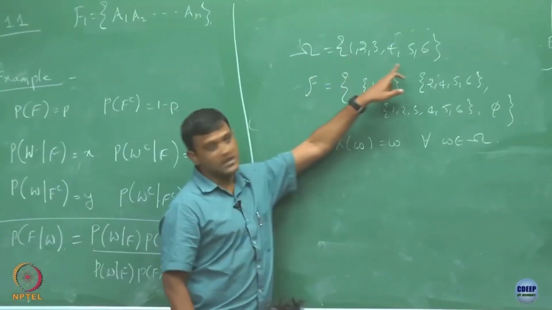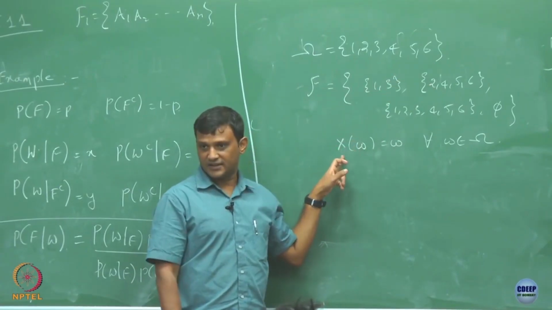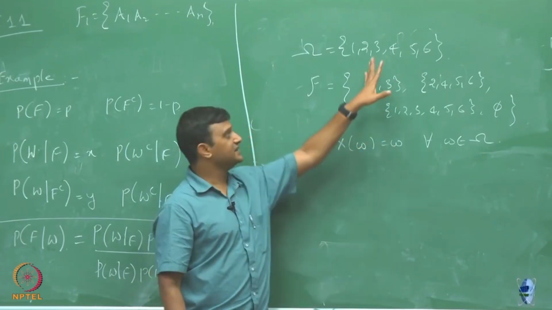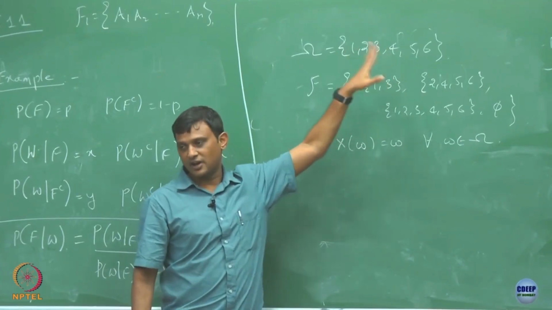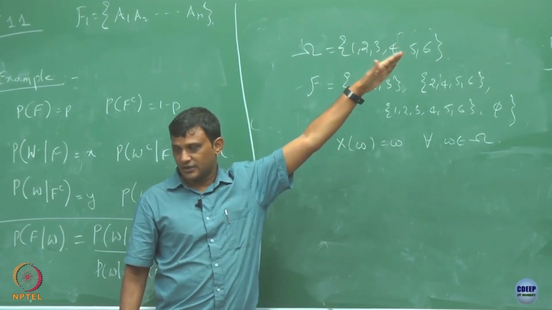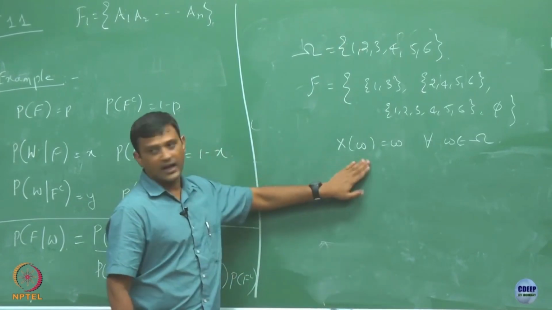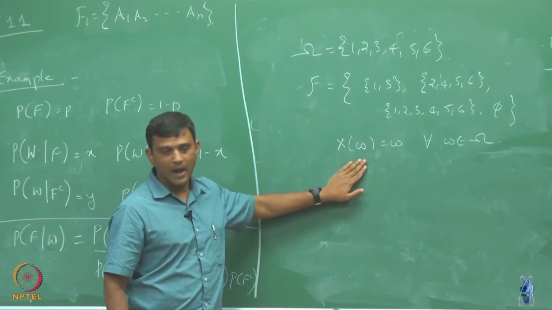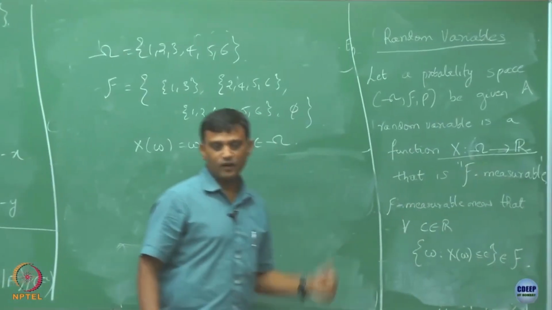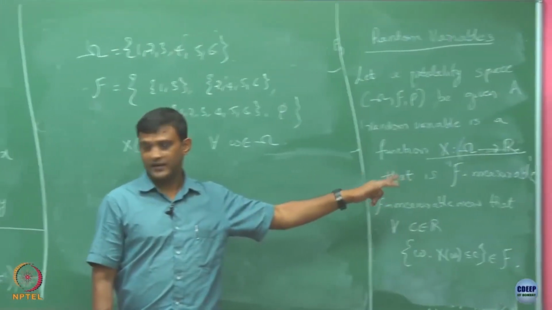So my outcomes are 1, 2, 3, 4, 5, 6. I am going to define a random variable X which is just going to give the same numbers as the outcome. In this case it is a trivial example because the outcomes are already numbers, but it is not necessary that outcomes be numbers. For example, head and tail, as already discussed. Okay, fine. I have just defined a map from omega to R. Now before I call it a random variable on this experiment, it has to be F measurable. Is it F measurable?